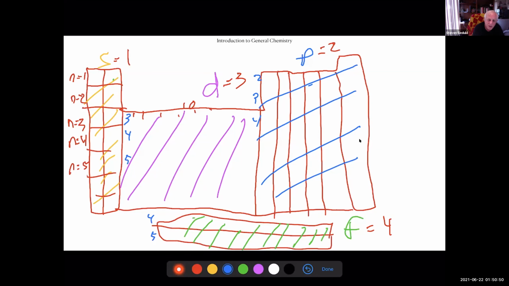The electron configuration for hydrogen is 1s1. So N equals 1, the first element. Hydrogen is right here, and there's 1 electron. Hydrogen is 1 proton, 1 electron.